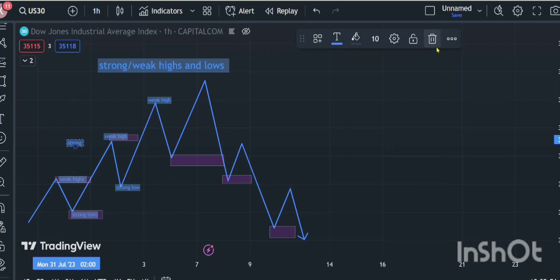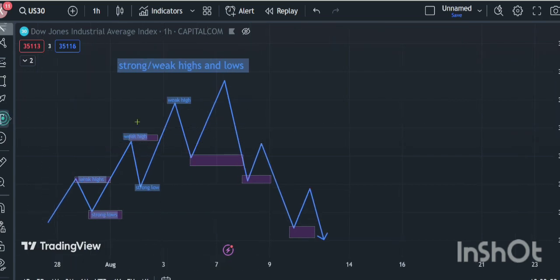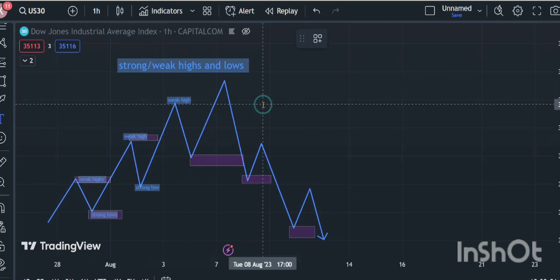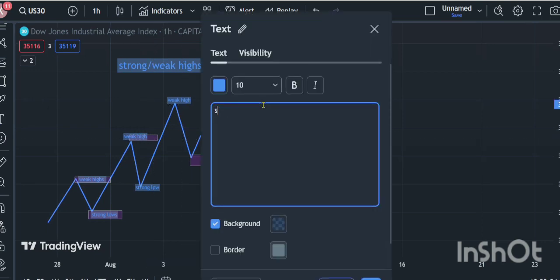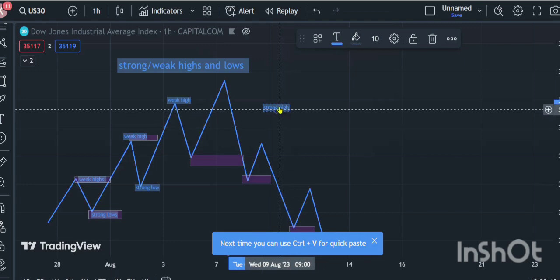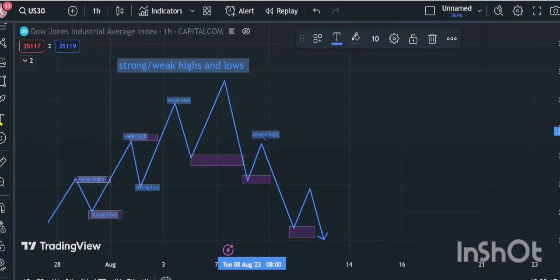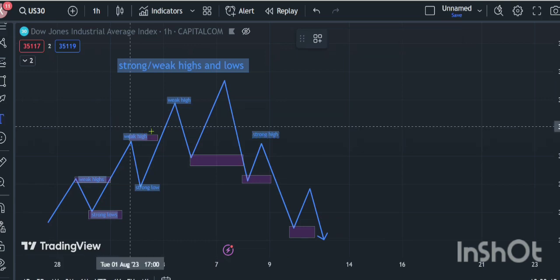Let me just do this, just trying to make sure I mark strong high. Great, there you go. So here we have our strong high right on top.